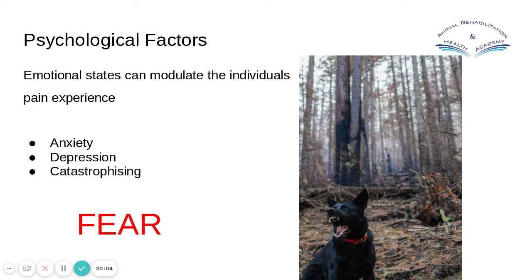You can't feel anything. Catastrophizing is something that's quite interesting with animals, because like I just said on the last slide, animals don't have that sort of forward projection. They don't have the same sort of analytical brain that we do. And catastrophizing in humans really can lead to a real ramp up of pain. For example, I've been diagnosed with osteoarthritis, and you go home and you think, oh my God, it's going to get worse, and you make yourself really worried about it, and it's more painful because of that.